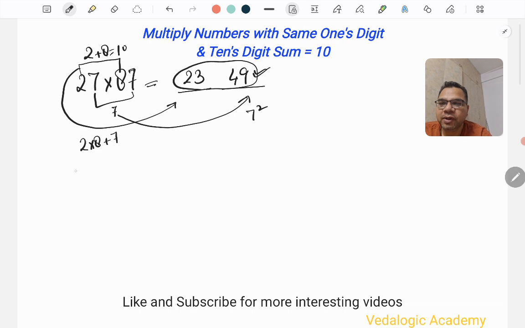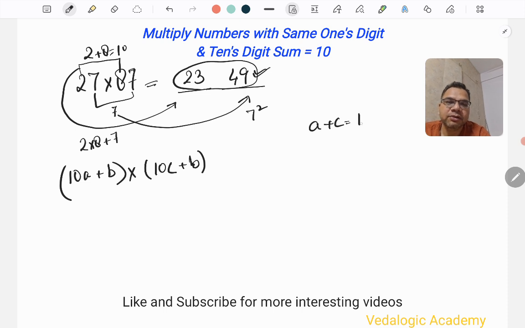So let's say we have two numbers. I'll say we have a number 10A plus B multiplying with 10C plus B, because the last part is same, and A plus C is 10, because that's what we have seen here as well.